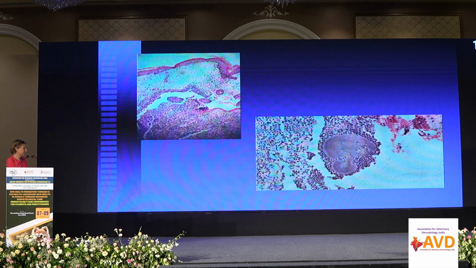You may see it clinically, but you may also see it on histopath, where you have this accumulation, this conglomerate of bacteria that are surrounded by this aggressive inflammatory response. So this is like a draining tract, and then you have all these grains that you don't see with mycobacteria.